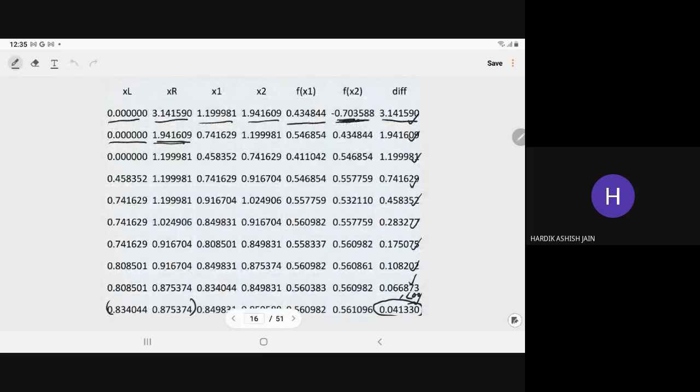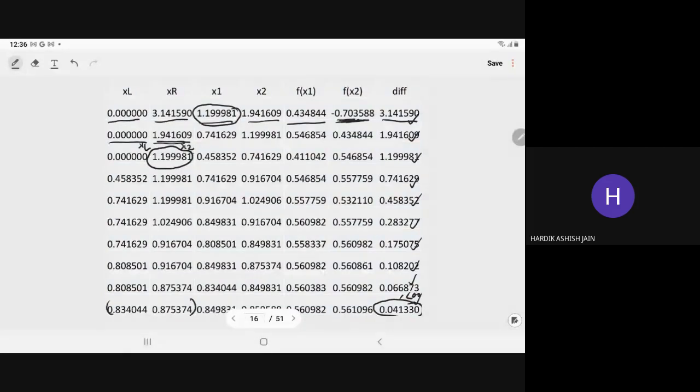One more thing. Here we have x1, x2. We have said that fx2 is greater than fx1. It means we have used xl and here we have x2, so we have discarded x1. That x1 will become the x2 in the next iteration.